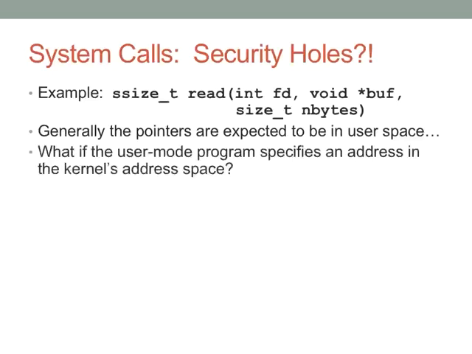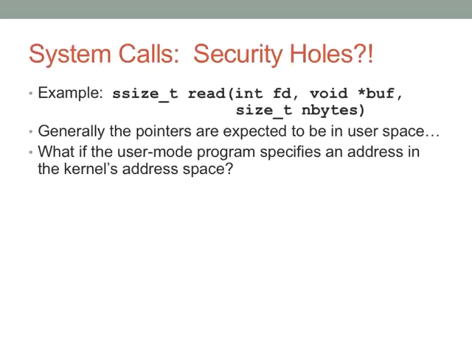What if the user program were to specify a pointer to something in kernel space? Okay. And without any checks, the kernel, remember, is allowed to do whatever it wants because it's running in the highest protection level. So if you passed an address in the kernel's address space, it would read data out of that file and plop it into the kernel wherever you want. That sounds great.